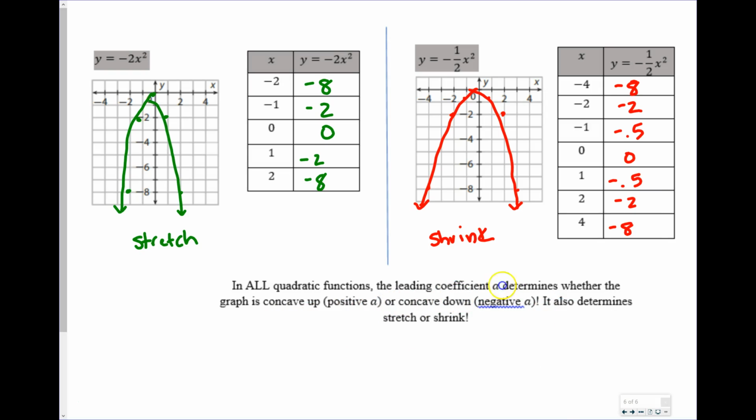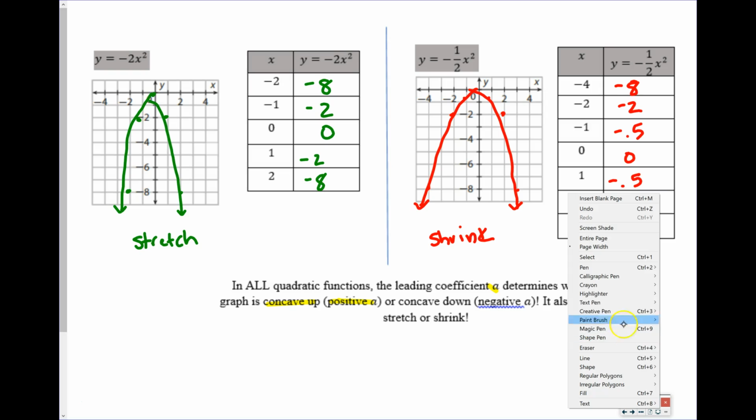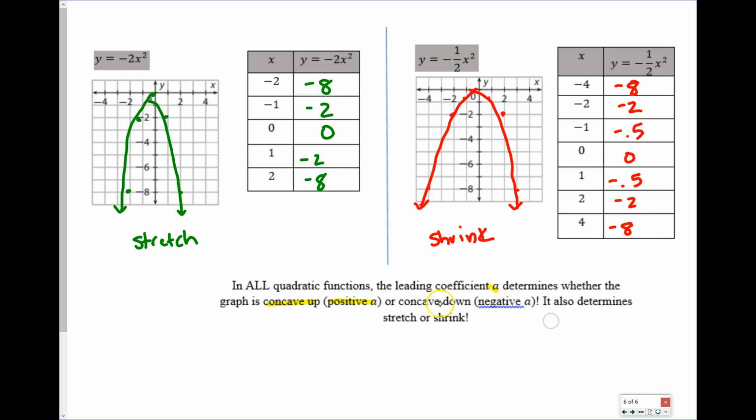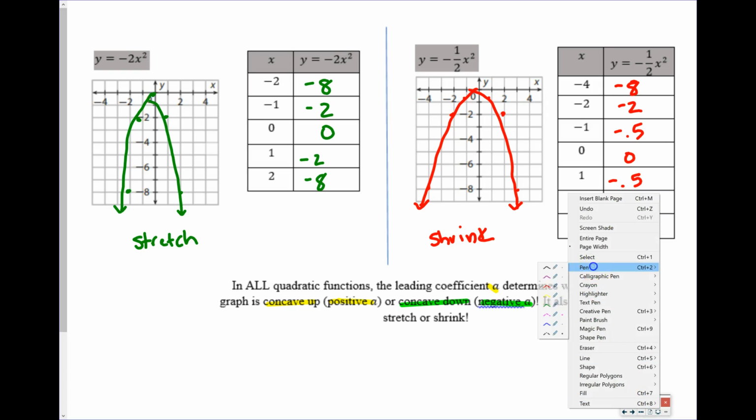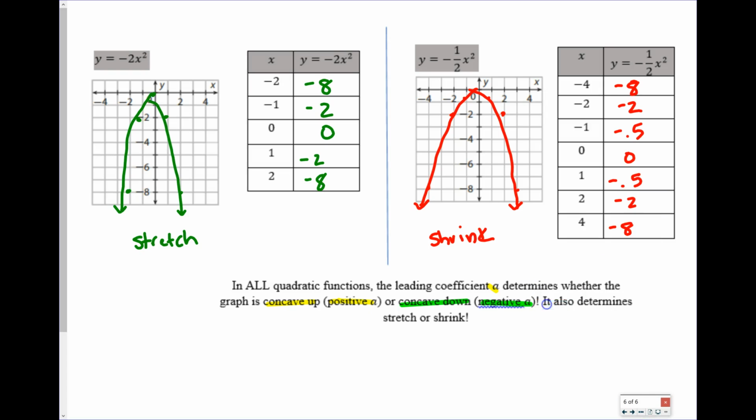Notice I've said that in all quadratic functions, the leading coefficient a determines whether it's concave up, positive a, or concave down, negative a. So if you've got a negative in front, that means it goes down. If you've got a positive a, that means it goes up. Secondly, it also determines stretch or shrink. A stretch is when a is bigger than 1 or a is less than -1.